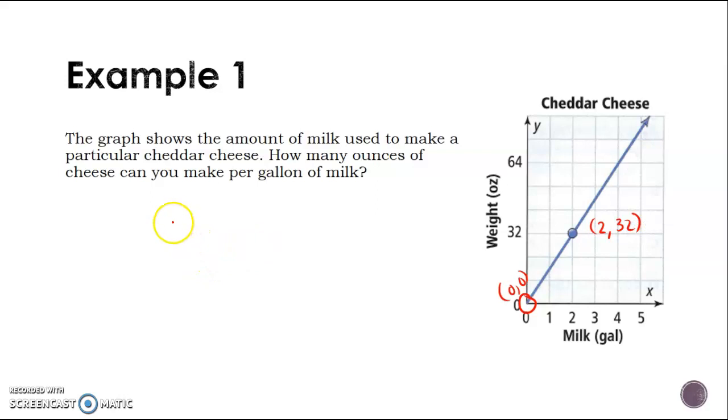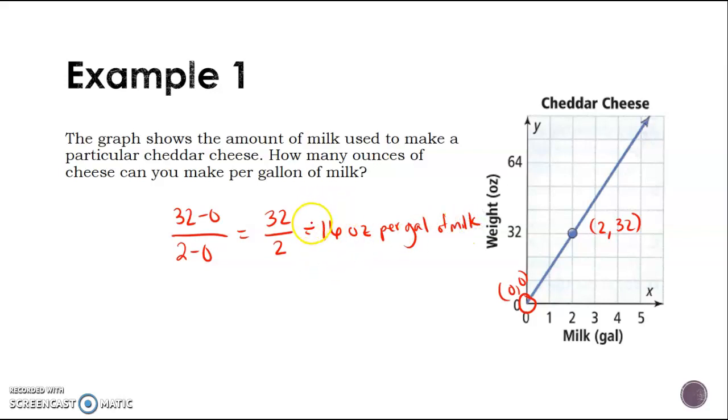And so I'm going to do my subtraction. 32, so y minus 0 over 2 minus 0, which will give us 32 over 2. And then we should always simplify. So 32 divided by 2 is 16. So we can make 16 ounces per gallon of milk.